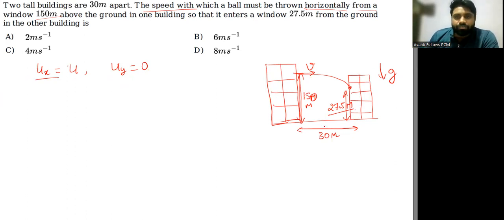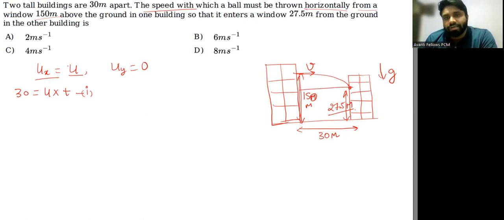All the data is given to you now. To cover 30 meters with a speed u in the horizontal direction, let's say it will take time t, so 30 equals u into t. This is equation number 1. Now, the vertical height covered is not 150 meters. 150 meters is the height of the window from the ground, from where the ball has been thrown.